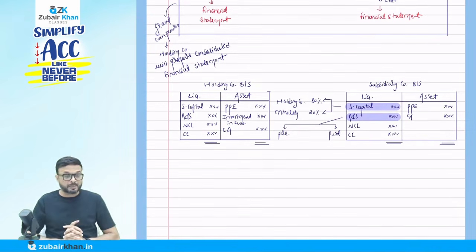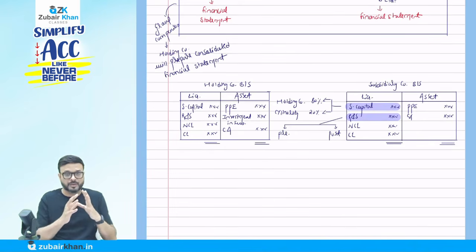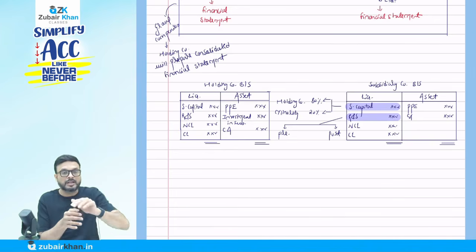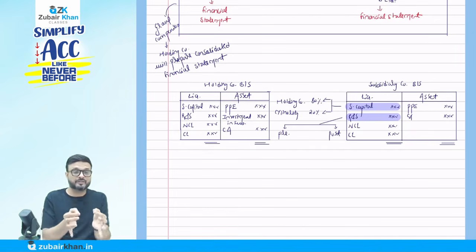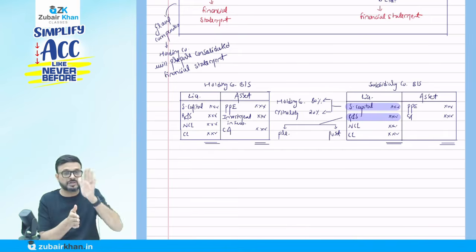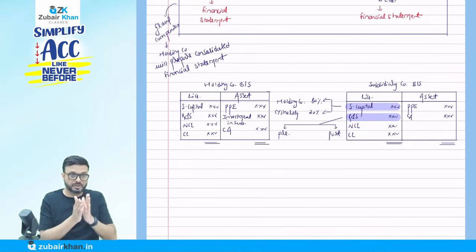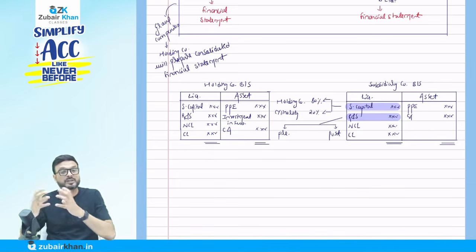Pre means the profit of the subsidiary company before we hold control over them. For example, we purchase 80% shares on 1st of January 2025. Whatever profit they have until 1st of January 2025 is the pre-acquisition profit. Whatever profit is made by the subsidiary company after 1st of January 2025, we call post-acquisition profit.